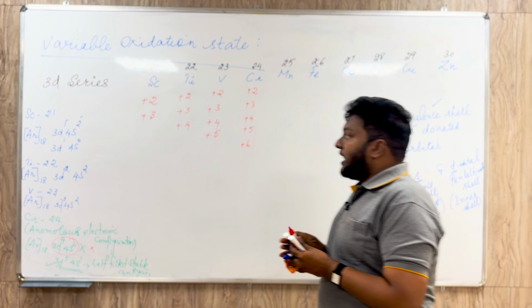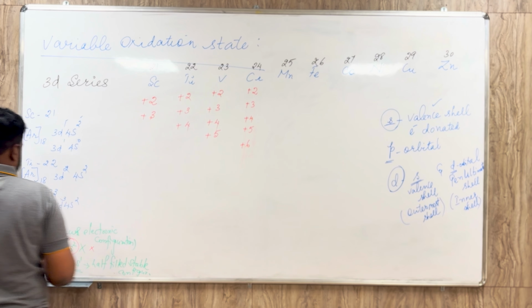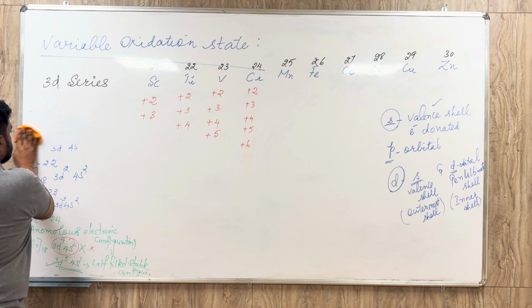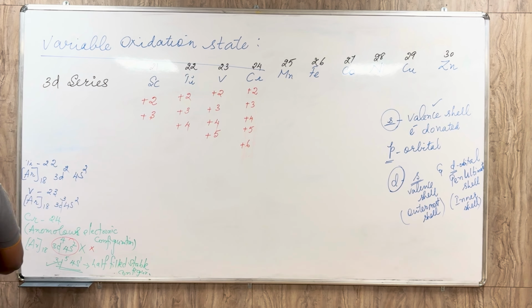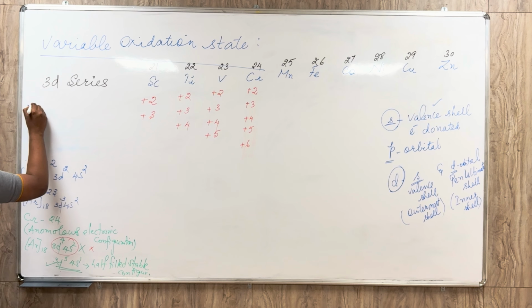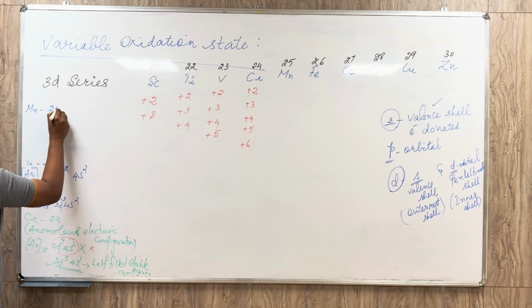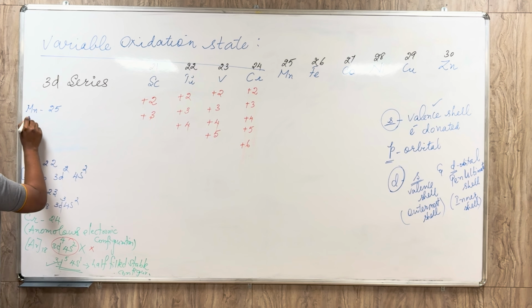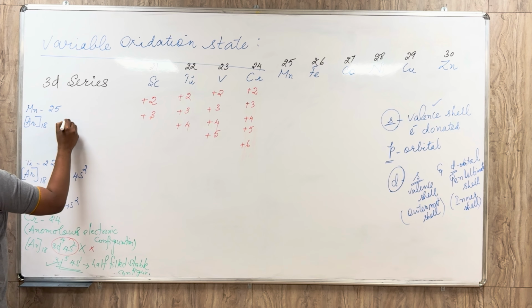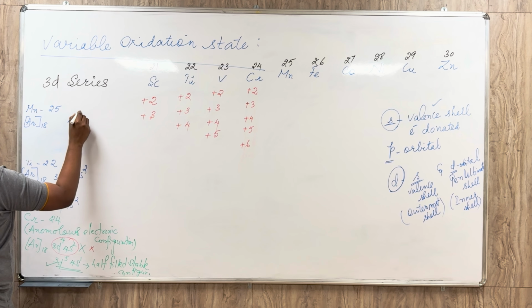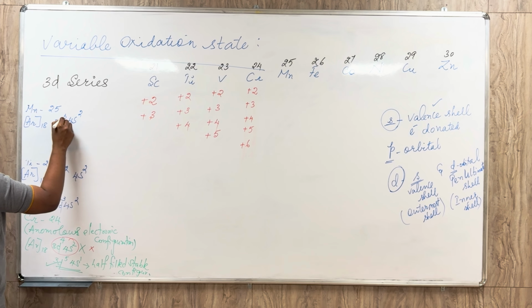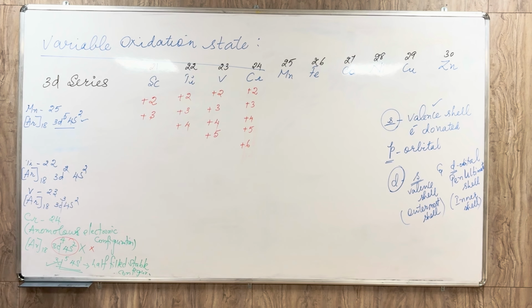Now coming to manganese. Let us see the possible electronic configurations for manganese. The atomic number is 25, so the configuration becomes argon 18, 4s 2 and 3d 5. This is the configuration for manganese.